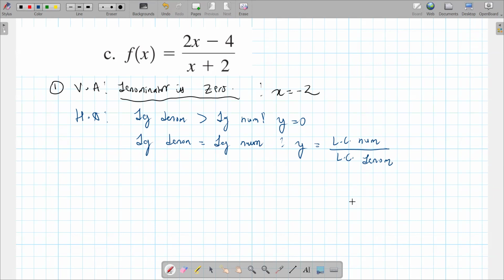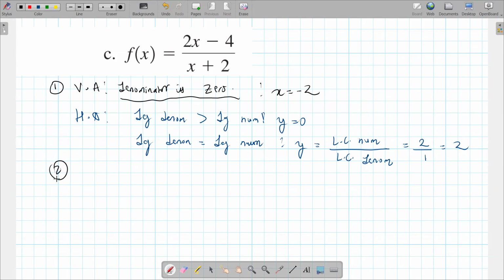So is the degree in the numerator bigger or equal to the degree in the denominator in this case? It's equal. What's the leading coefficient in the numerator? 2. In the denominator, it's 1. So you have it at 2. So that's the first step.